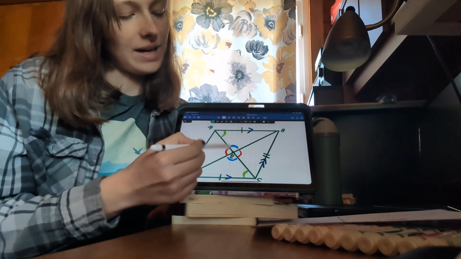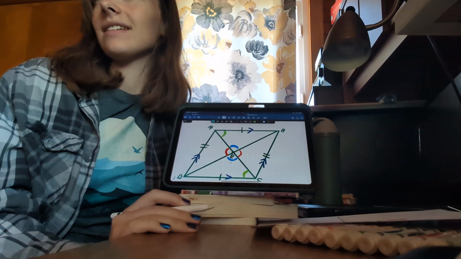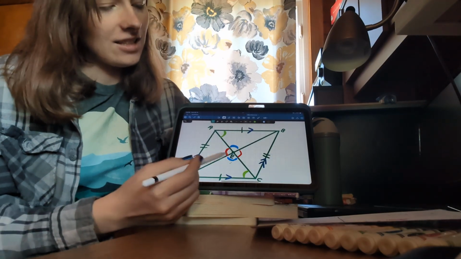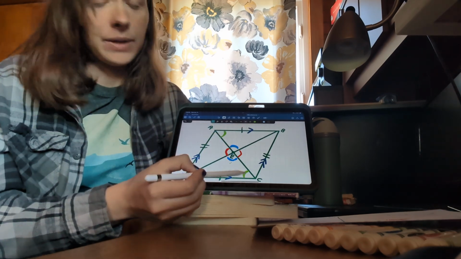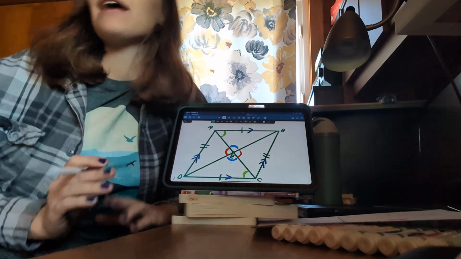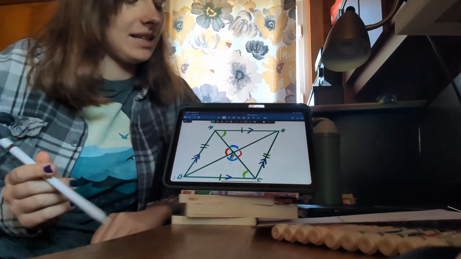These two triangles right here. What's interesting about that? Angle, angle, side. Yes. So we have these two angles. The green ones are congruent to each other and the blue ones are congruent to each other. And we also have a congruent side because it's a parallelogram.